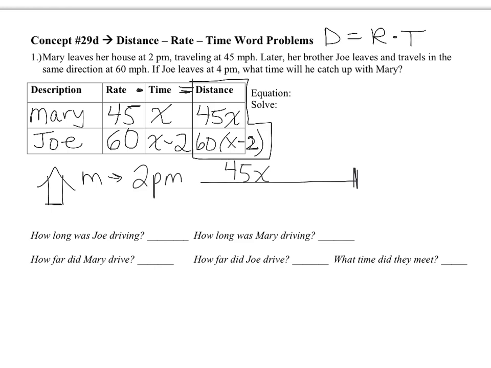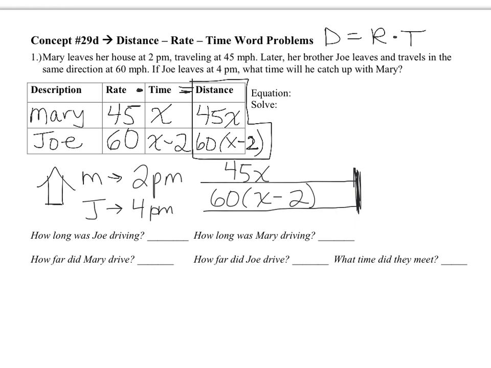Then we have Joe. Joe left 2 hours later at 4 p.m., and he's going in the same direction, and his distance is measured by multiplying 60 times x minus 2. Now, because he's going faster, he's going to eventually catch up with Mary. And by the time they catch up, what's going to be true about their distances is that their distances are going to be equal.